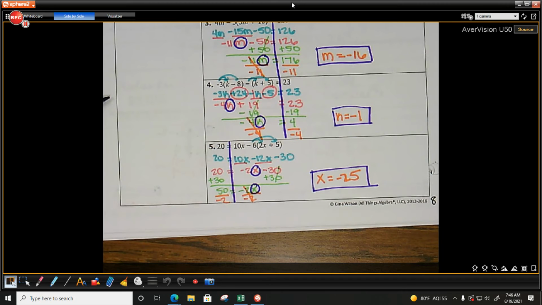Negative 2. So you have negative 2x minus 30. And then drop down here equals 20. Now circle your x. Let's not glue right to the x. How do you get rid of minus 30?